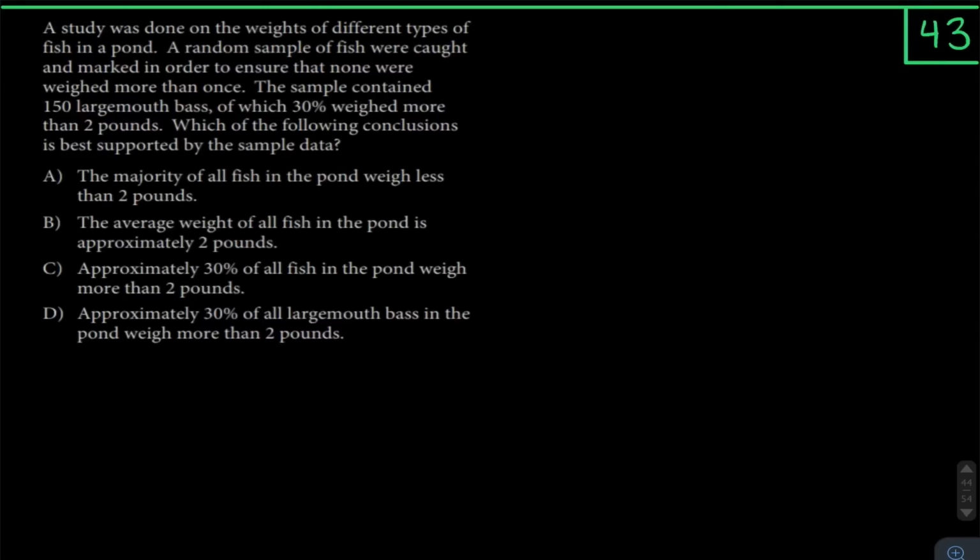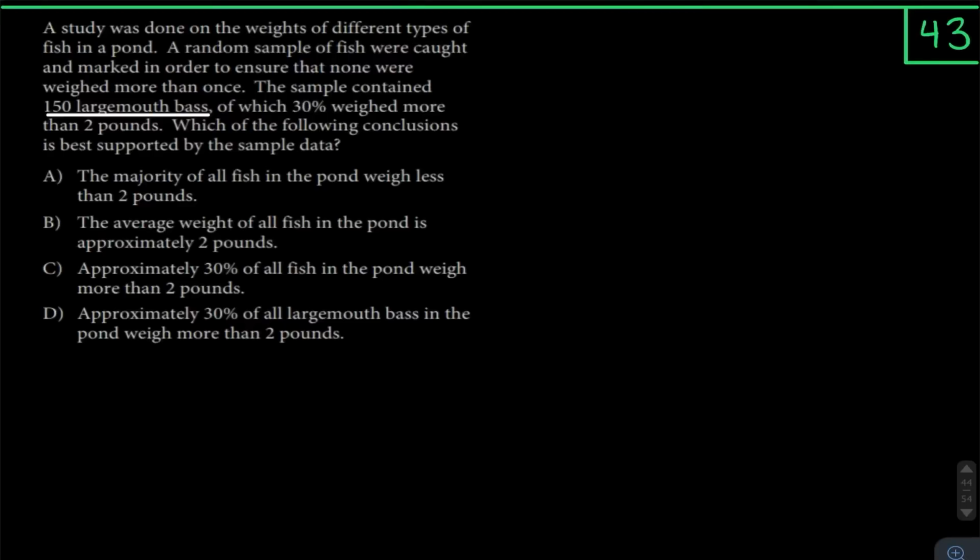Okay, so we have a bunch of different statements here, and, well, let's look at them. Let's look at A, right? It says, the majority of all fish in the pond weigh less than 2 pounds. Well, looking back at this, we were just given 150 largemouth bass, right? We weren't given these other fish.